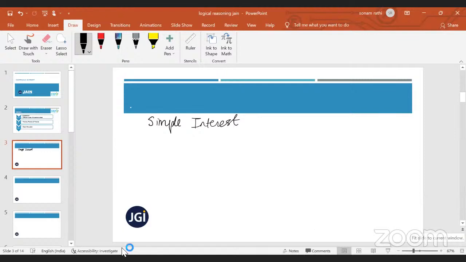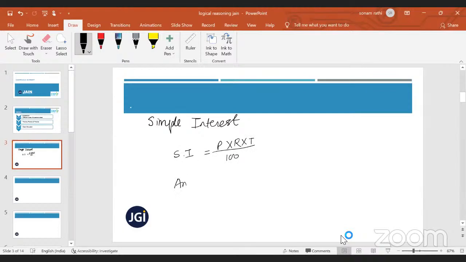Ma'am, PTR by 100. Correct. P into R into T by 100. This is your simple interest.